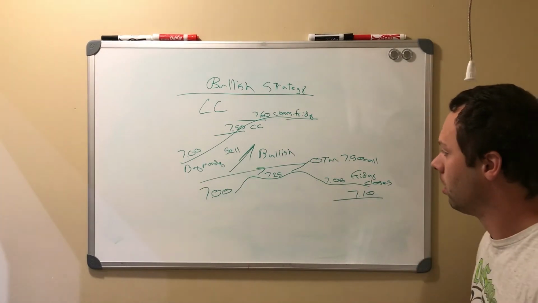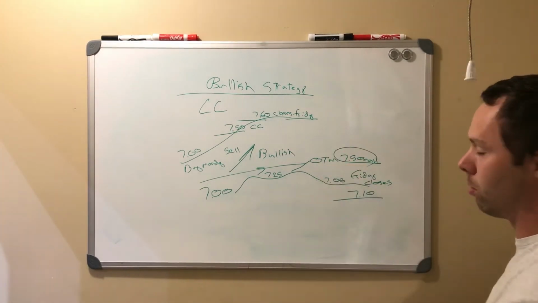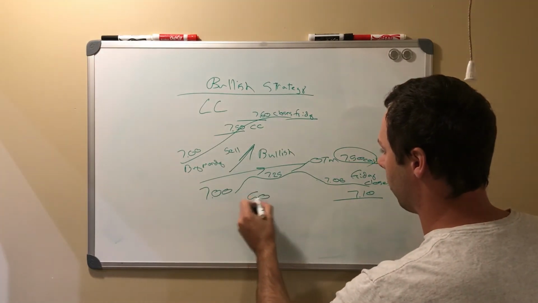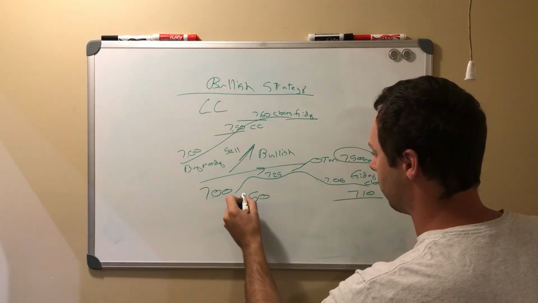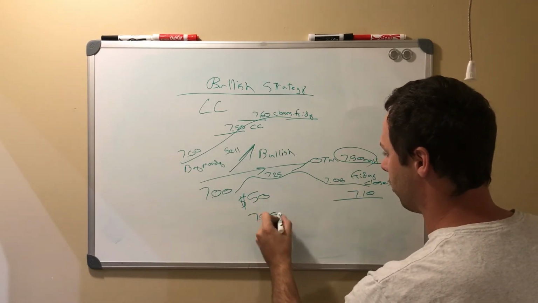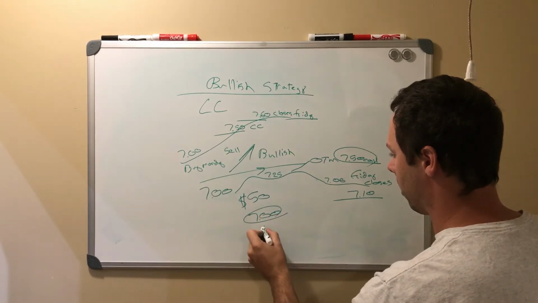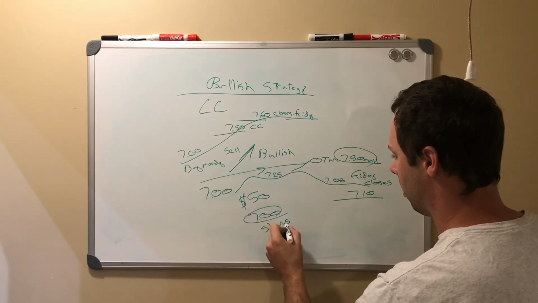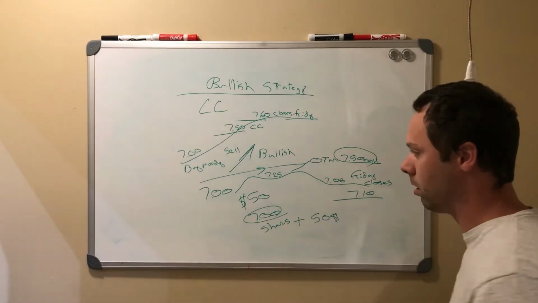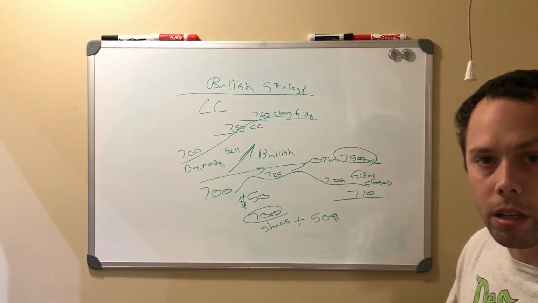That 7.50 call that you wrote expires completely worthless, and you got 50 cents for it. We'll just say it's $50. You capture that, plus you own your shares. So you own whatever your value of your shares is, plus the $50.